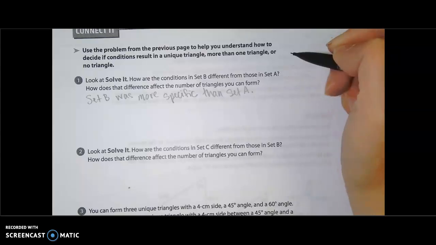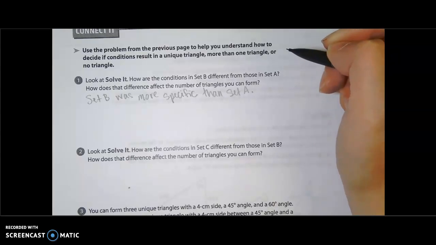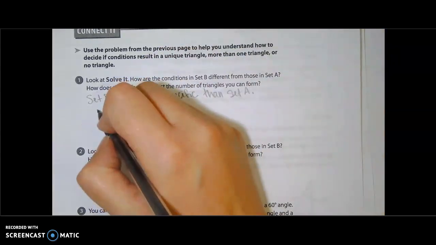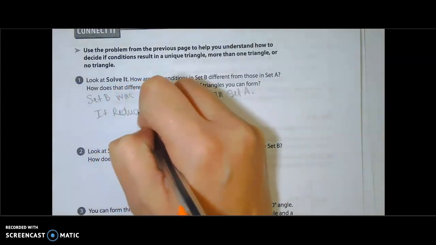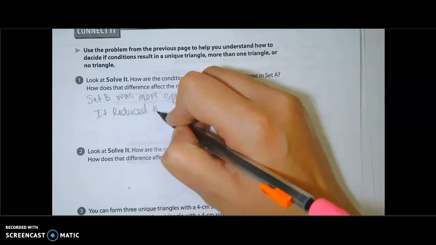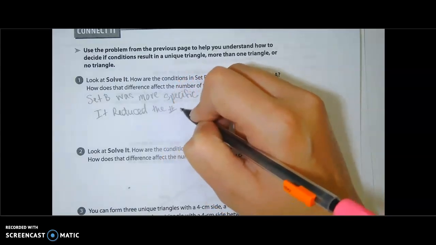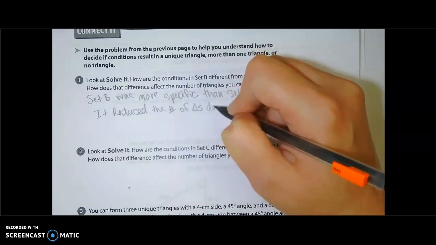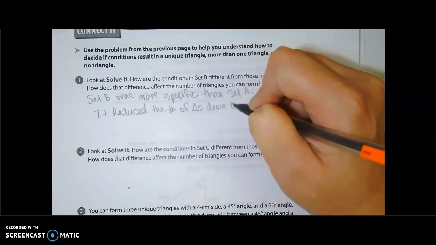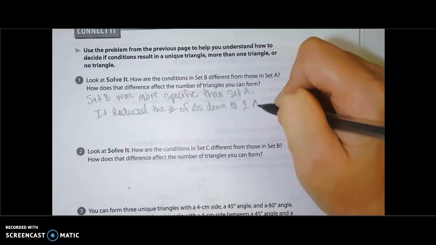Well, in set A we could make 3, and in set B we could only make 1. So it reduced the number of triangles down to 1 triangle.